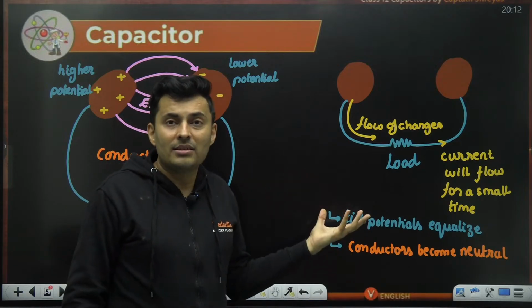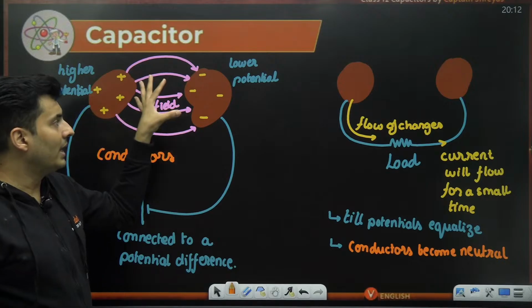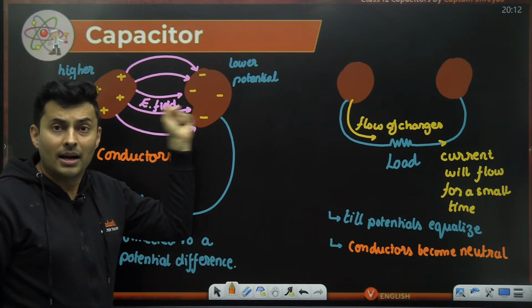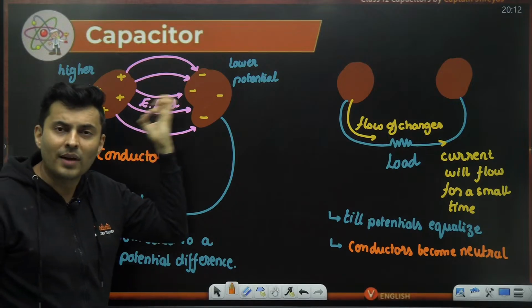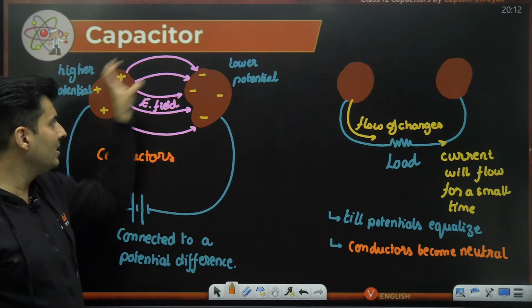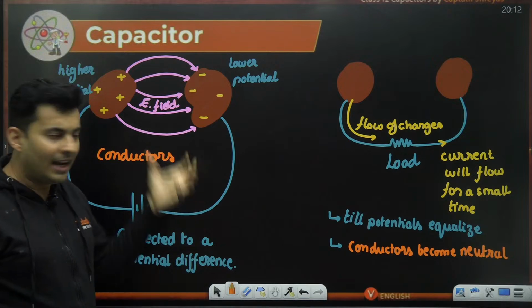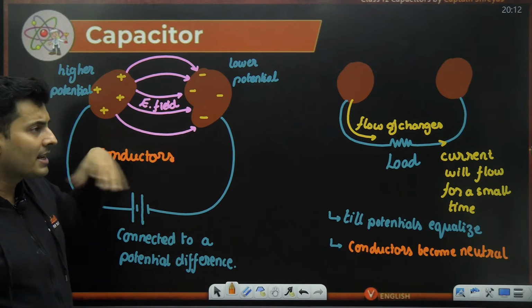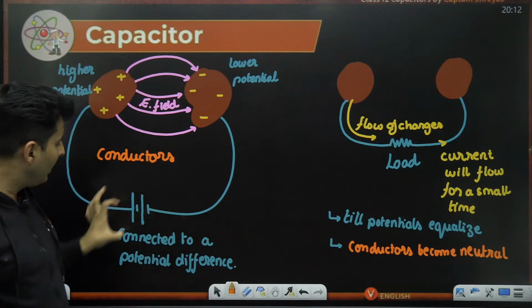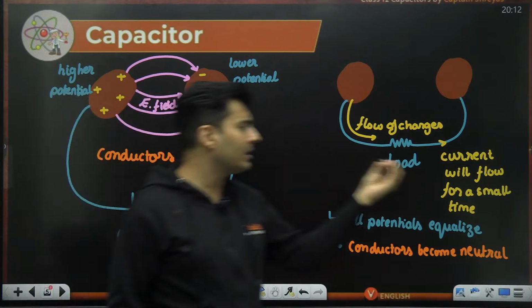Essentially what happened is, this particular device had the capability of storing some kind of electrical energy in the electric field between these conductors. And I realized that energy the moment I removed the battery and connected a load.